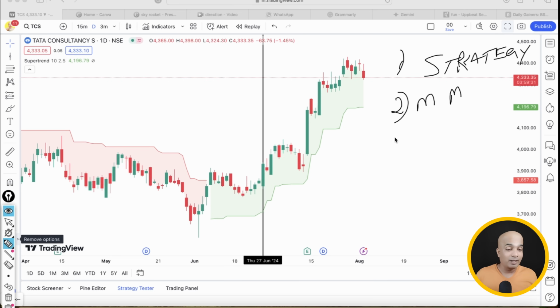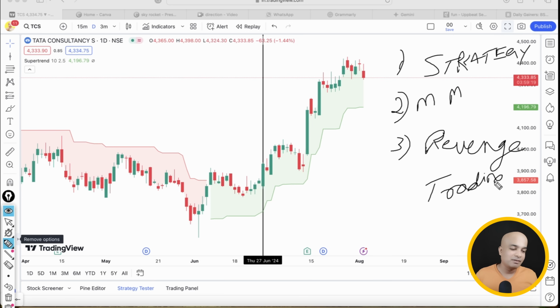And the third important thing is revenge trading. I've seen many people who lost their entire capital in one trade or one day, or 1 or 2 days, because they get into revenge trading mode. So you should always avoid revenge trading mode. So from an intraday perspective, when do you get into revenge trading mode?